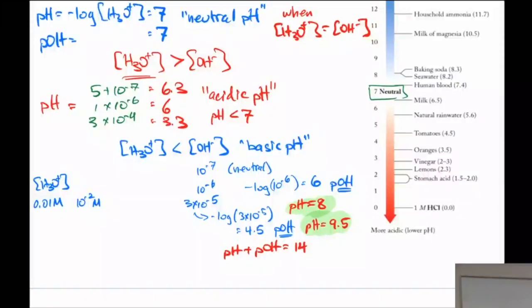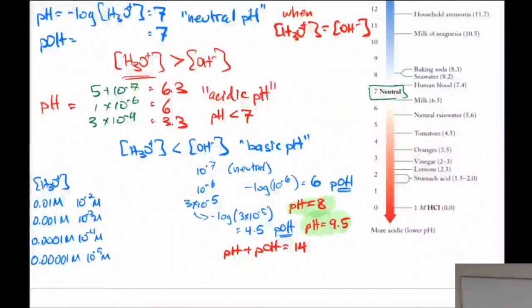So as I get more dilute, 0.001 molar, that's 10 to the minus 3rd molar. 0.0001 molar, that's 10 to the minus 4th molar. 0.00001 molar, which is 10 to the minus 5th molar. Okay?